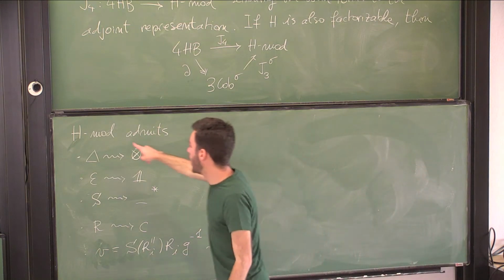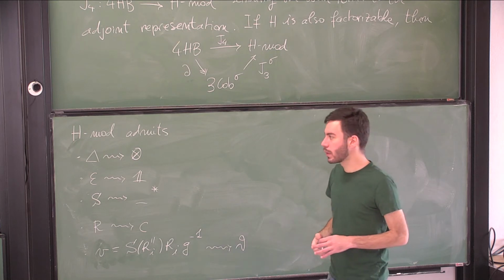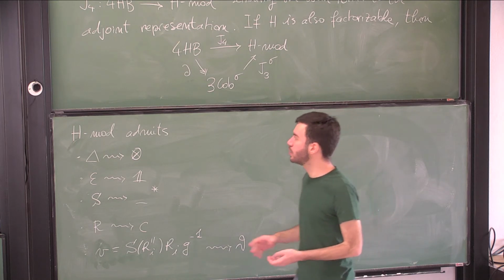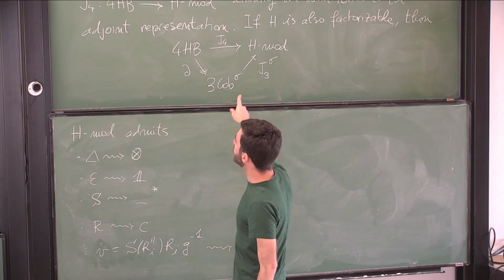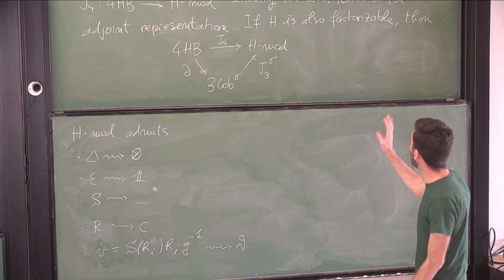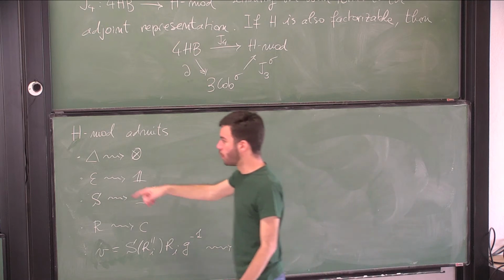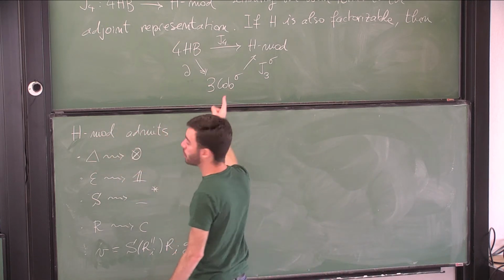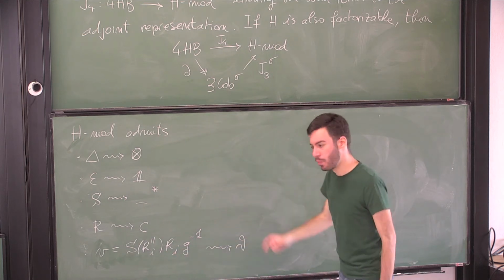This means that H-module is a ribbon category. And starting from a ribbon category, in the version of this theorem that was on the slide during the first talk, I was talking about ribbon categories. So the relation between this statement and the one that was on the slide is through this kind of machinery.